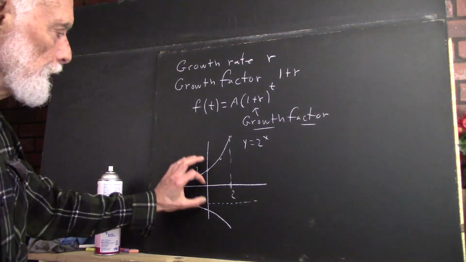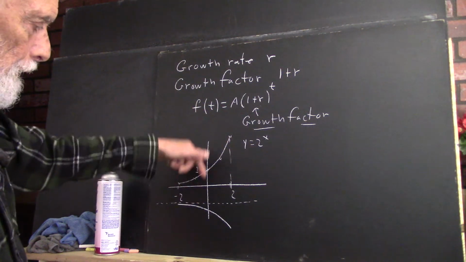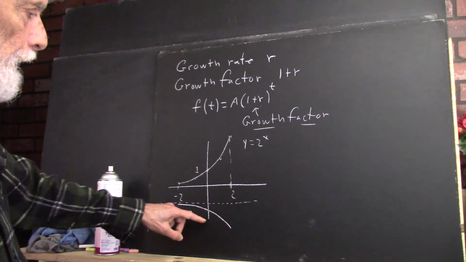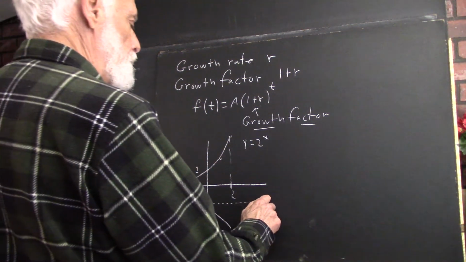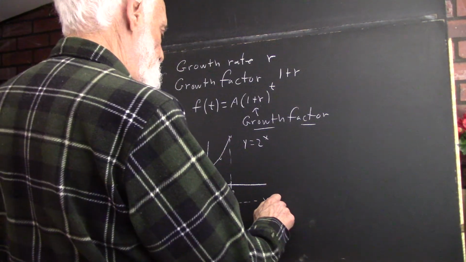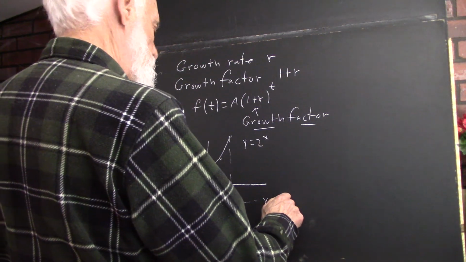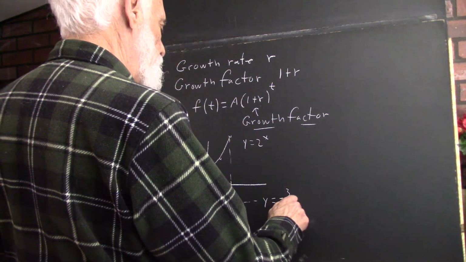Okay, well, the asymptote here looks like it's a little more than it is between -1 and -2. So let's just say that you estimate, and if there's a grid on the graph, you can estimate it, that this is the line y equals, let's just say -3/2.